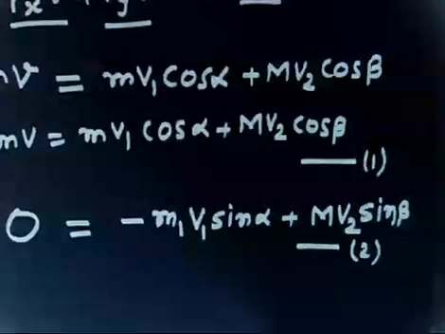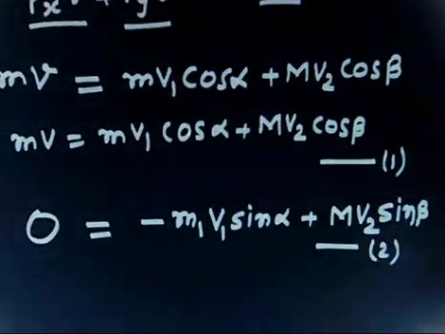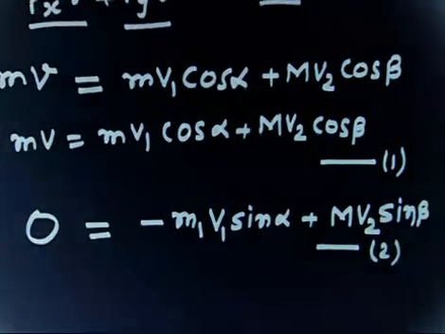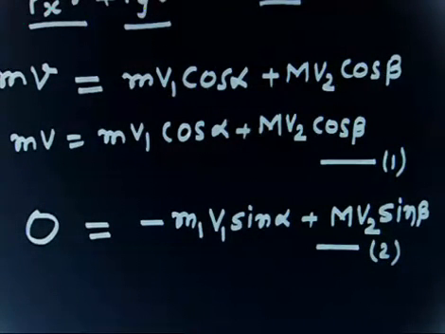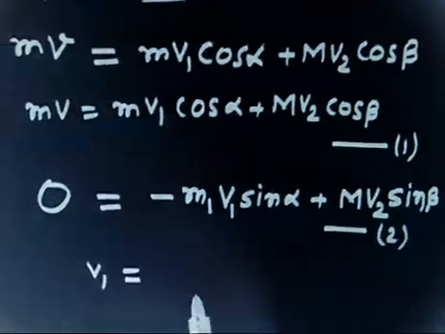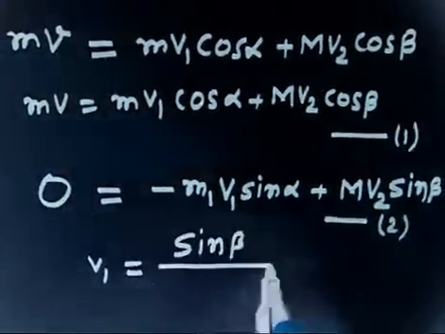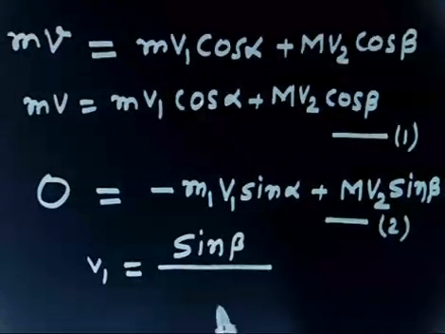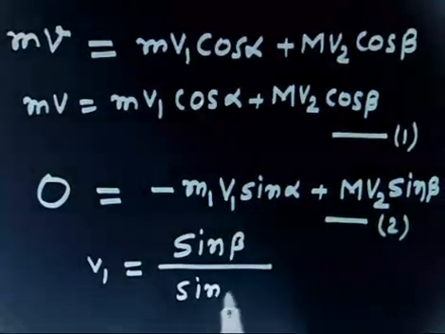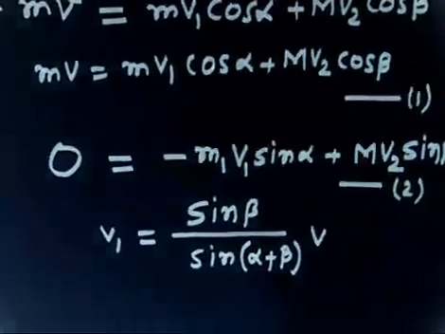I am giving you the final answer. After this video, you check your answer. I'm not going to solve this equation, you have to solve yourself. So v1 comes out to be sin beta divided by sin(alpha plus beta) into v.